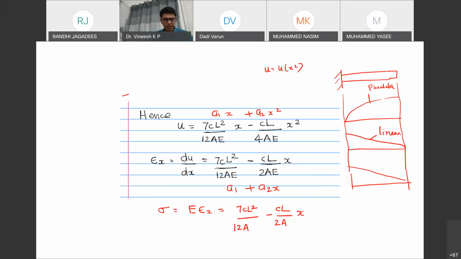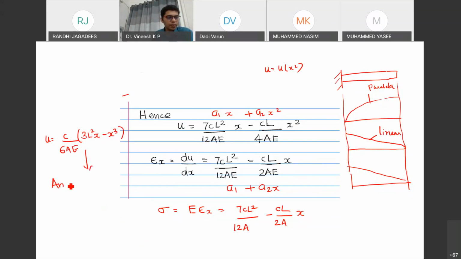The correct answer, if you look at the analytical expression, u is equal to C divided by 6A into 3L square x minus x cube. This is the analytical solution for this problem.